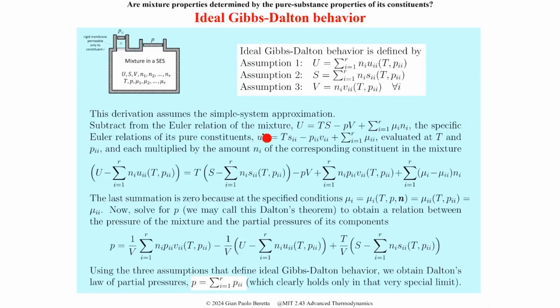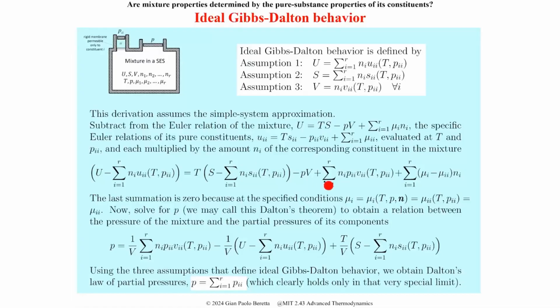Then I take these individual pure constituent Euler relations. I multiply them by the amount N_i with which that constituent is present in the mixture, and sum over all components. And then I take this summation, subtract it from the Euler relation for the mixture, and here is the result. So you can still identify here the Euler relation for the mixture is given by this term.